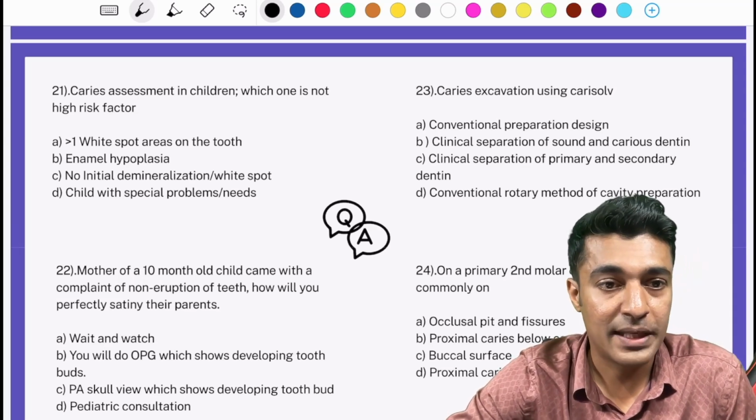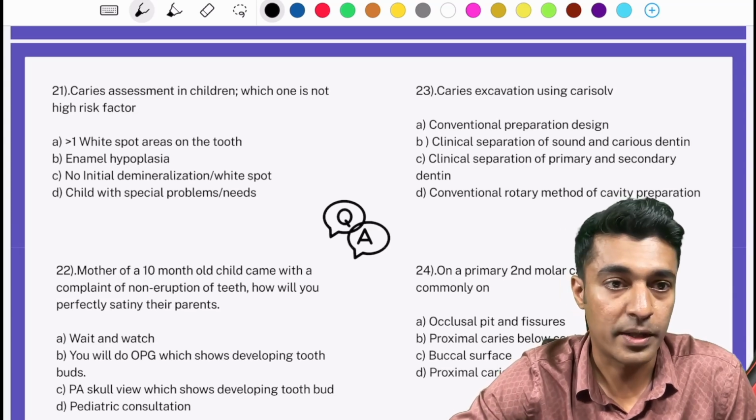The answer for that is no initial demineralization or white spot.